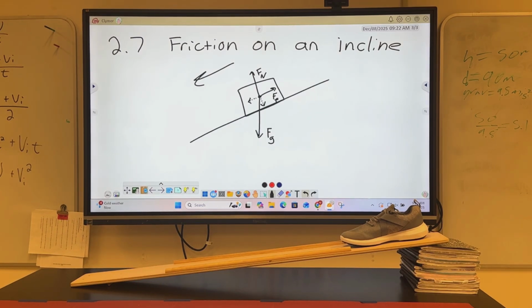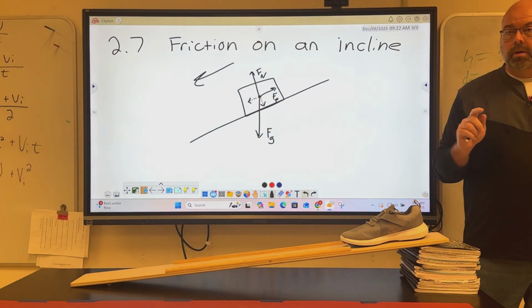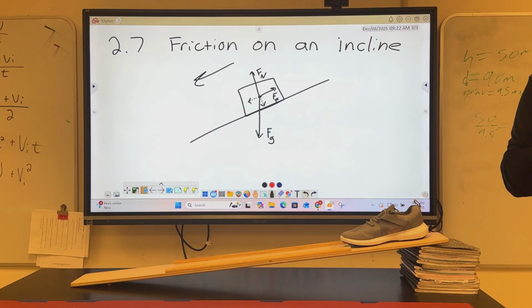But since we're on an angle, and think of the definition of the normal force. Think of what we're talking about with the friction force. What will generally be true about the friction force and the normal force of an object on a surface?